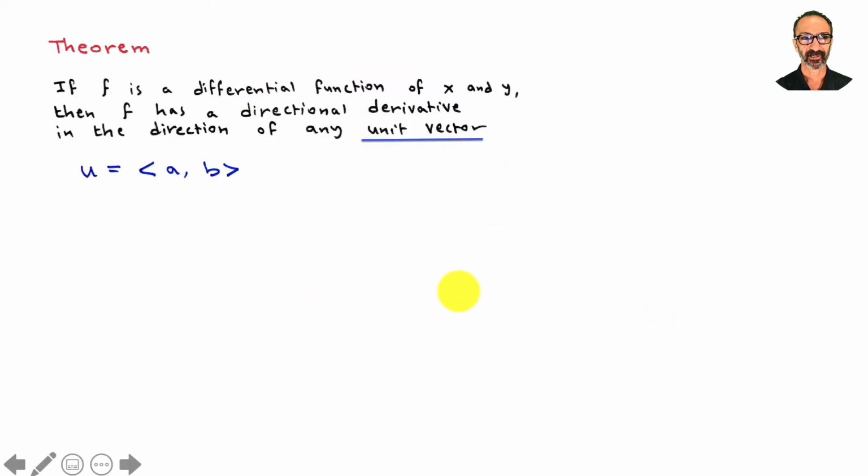Theorem. If f is a differentiable function of x and y, then f has a directional derivative in the direction of any unit vector, which we call a, b.